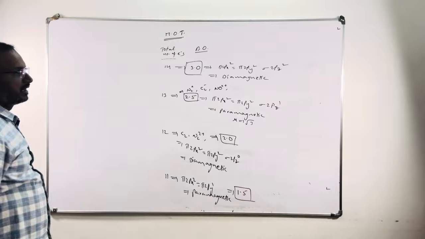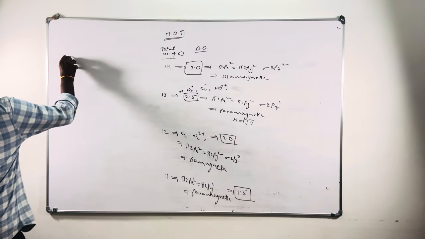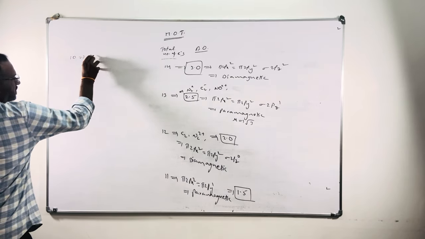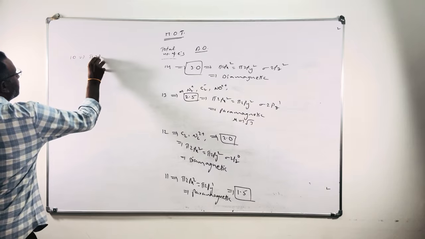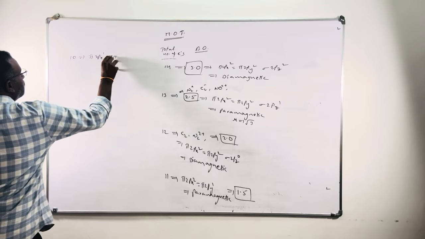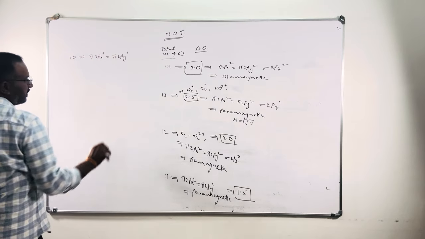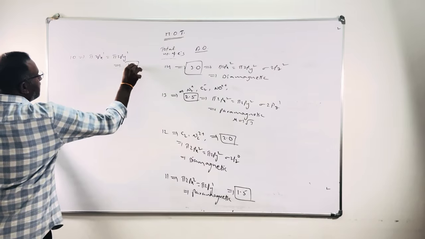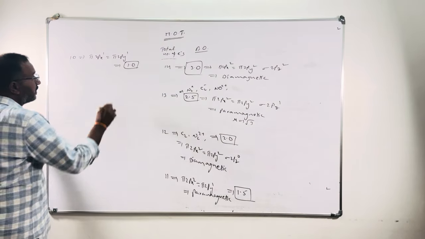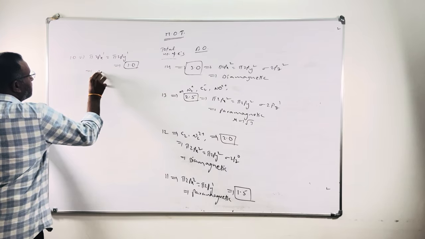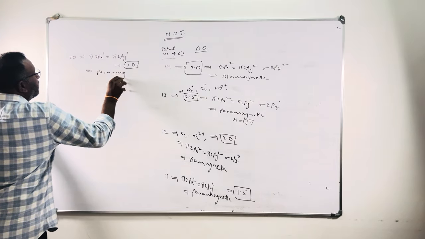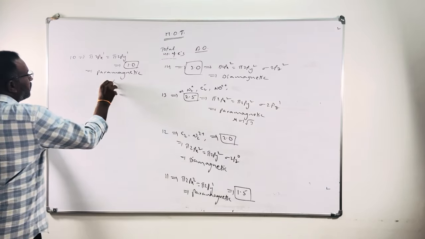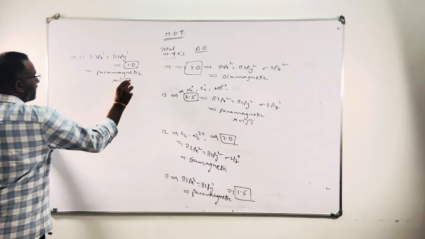If electrons are 10, our configuration is pi 2px1 equal to pi 2py1 will be there. So the bond order in this case is 1.0, and two unpaired electrons are there, so it is paramagnetic, and that mu value in this case is root 8.